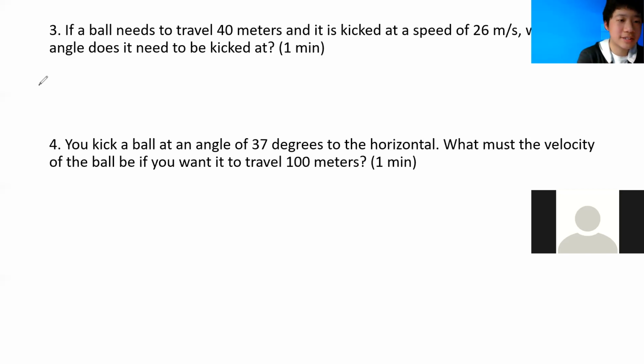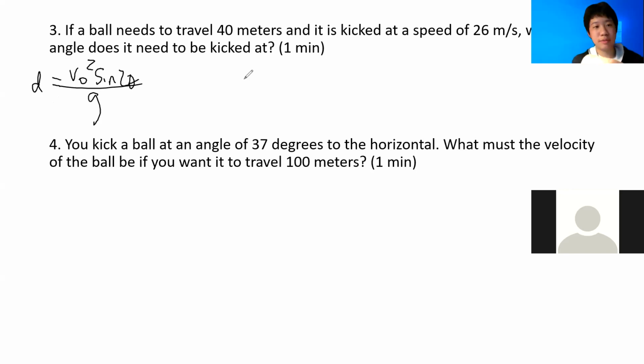These are basically just applications of the range formula. Just to recap, displacement is going to be V0 squared times sine of 2 theta over G.